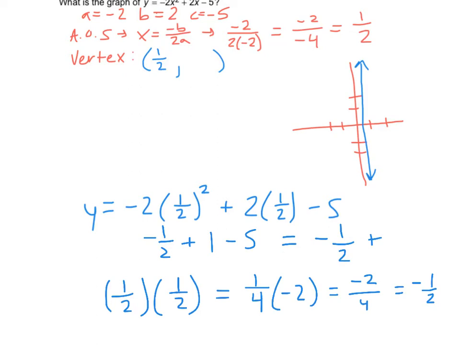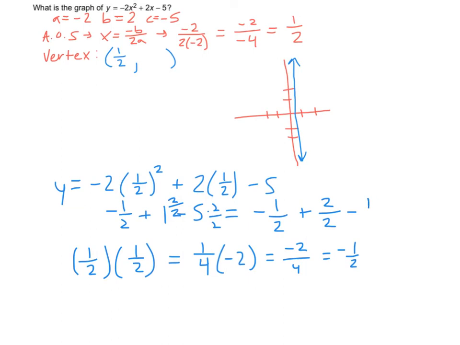How do we get 1 to have the same denominator as 1/2? We times it by 2 over 2. So 1 becomes 2 over 2. And then we have minus 5. So how do we change 5 to have the same denominator? We do the same thing. We times it by 2 over 2. So we're going to get 10 over 2.